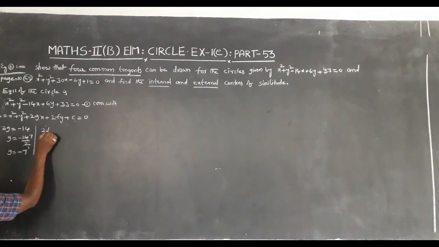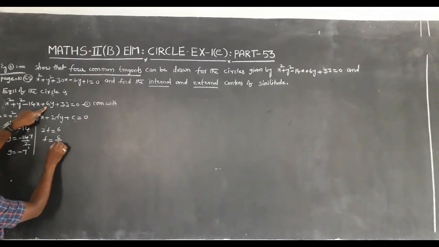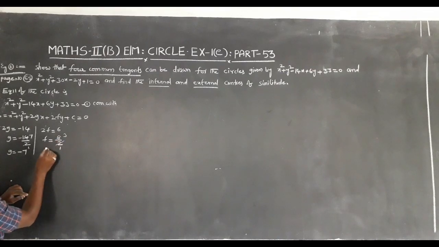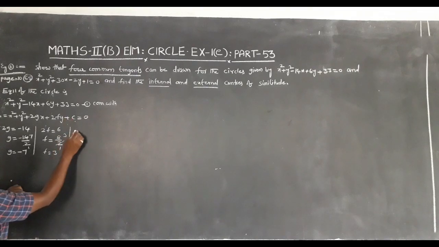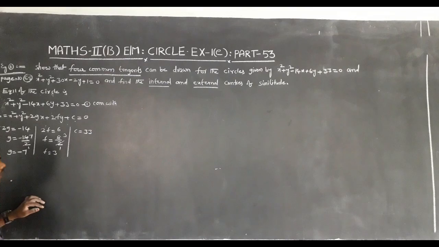Y coefficient 2f is equal to 6, f is equal to 6 by 2, f is equal to 3. Constant c is equal to 33.